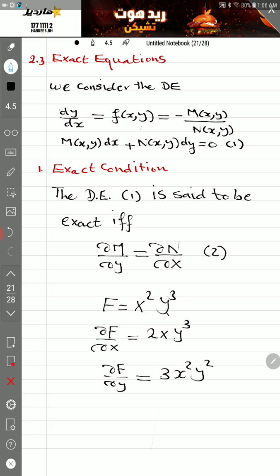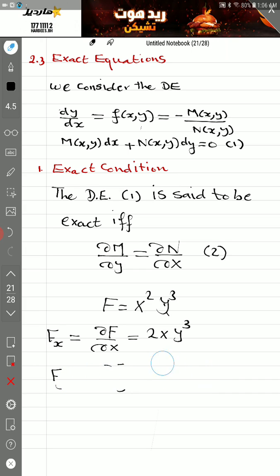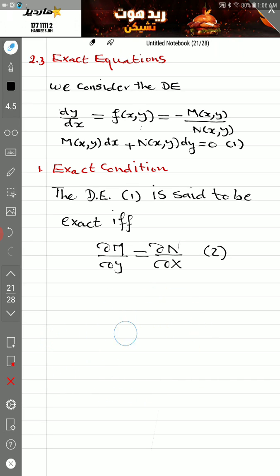You differentiate y cubed and leave x squared. We simplify this by writing fx and fy. So this is the meaning of partial derivative.